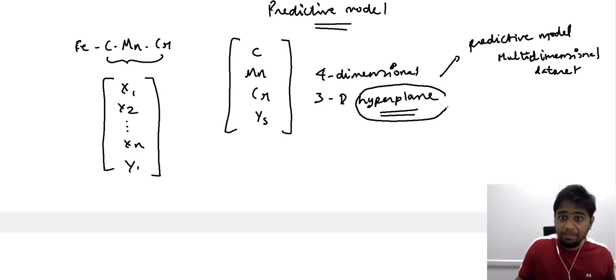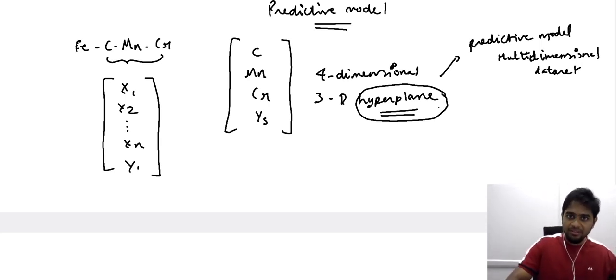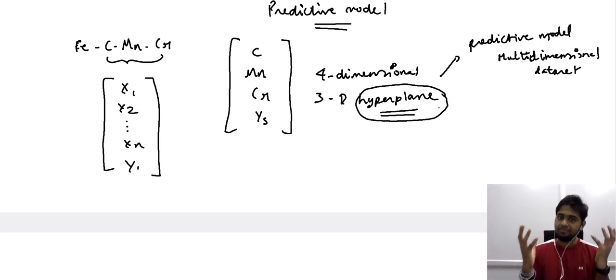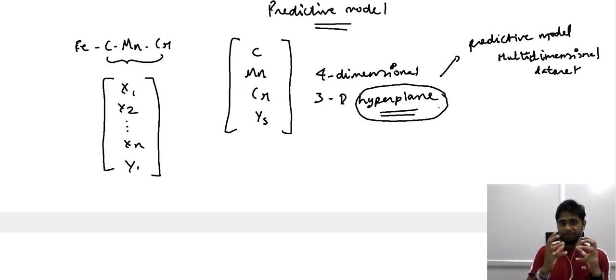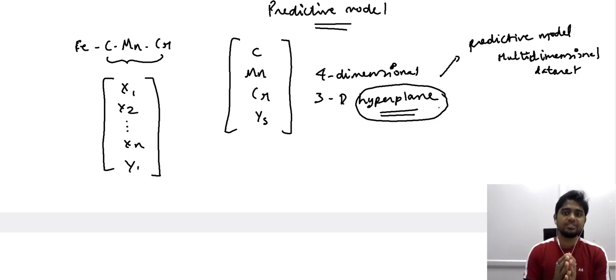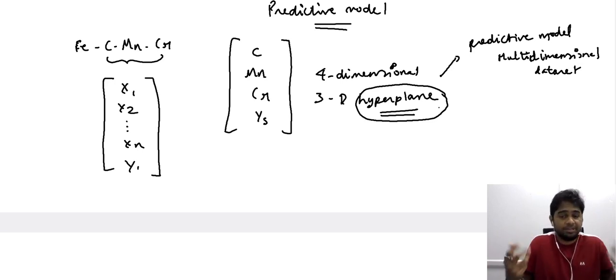If we are able to describe the hyperplane, we will be able to predict the property associated with an alloy with n alloying elements present in it, and develop a predictive model. Of course, like we saw, describing this hyperplane will not be straightforward, so we need sophisticated machine learning techniques, and when we use these, we end up developing a machine learning model that is predictive in nature.